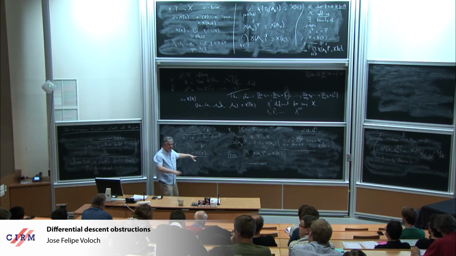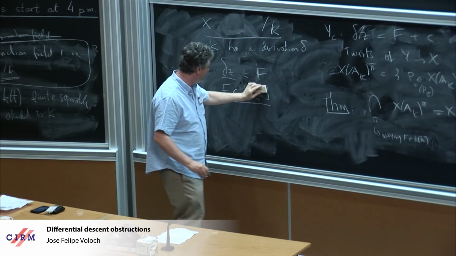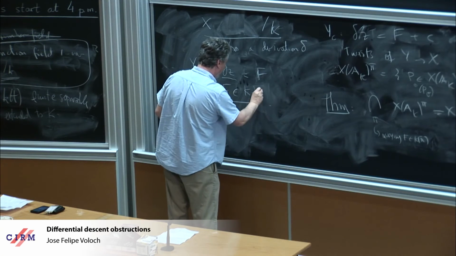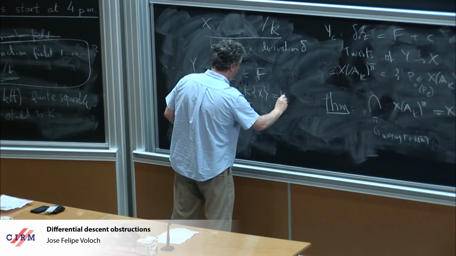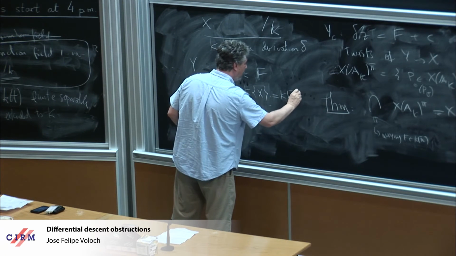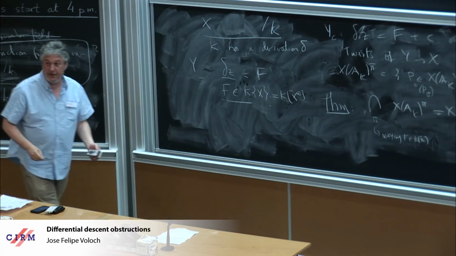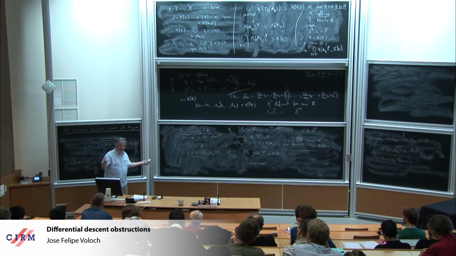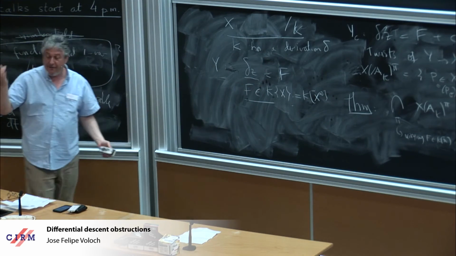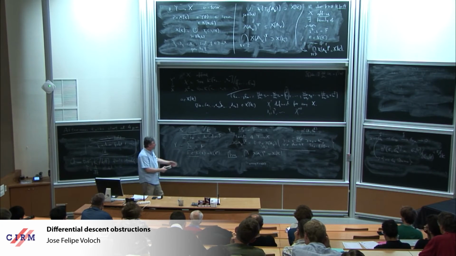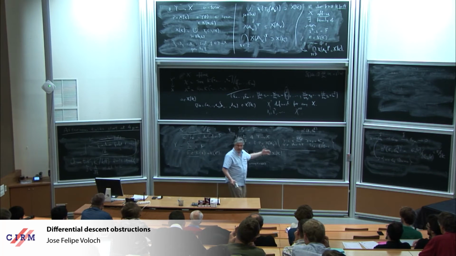But now I can't just look at regular functions because there may not be any regular functions. So I go to this ring, which is sometimes denoted like this, which by definition is K[X∞], regular functions on X infinity. Now there may be some, there may not be. So we still have the question, what is X infinity and does it have functions? But if it does have any functions, I can do this. But now I don't have this theorem.